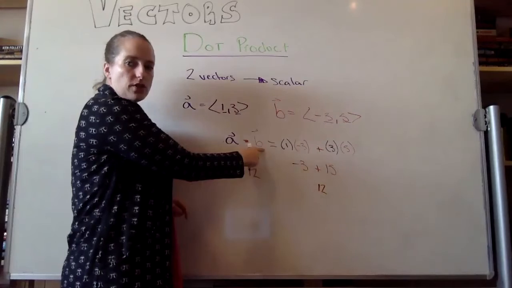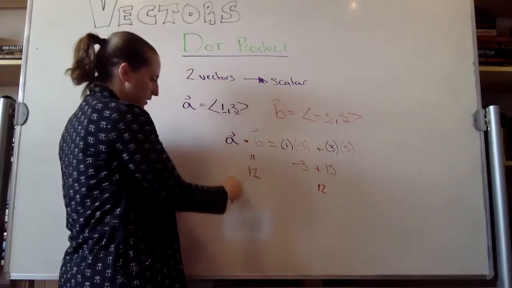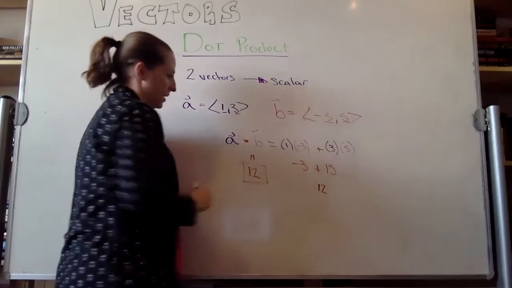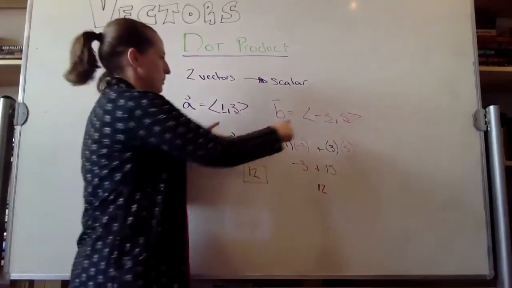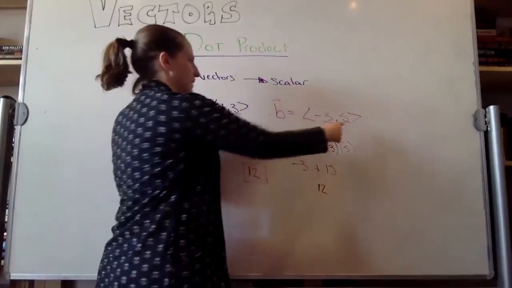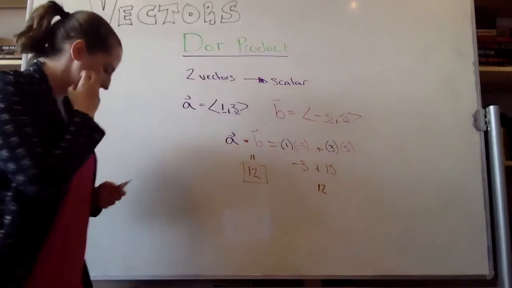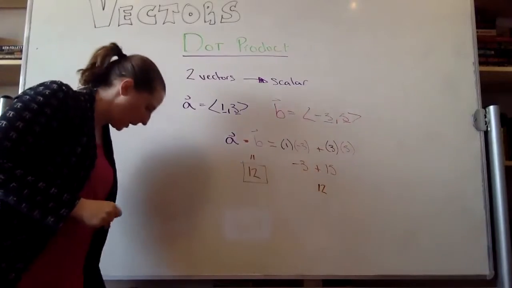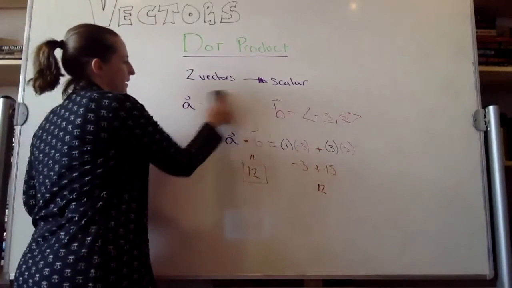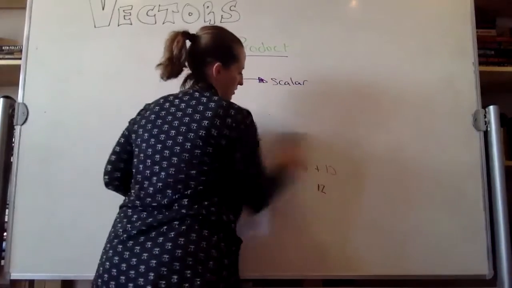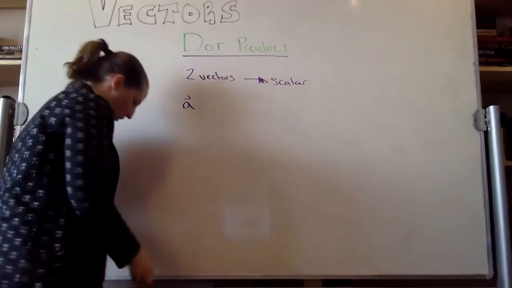Notice that I took 2 vectors and my output is just a scalar, just a number. Okay? So pretty straightforward to calculate. You multiply horizontal components and add that to the multiplication of vertical components. Okay? So again, let's just do a couple more examples. So this is dot product when we have our vectors in horizontal and vertical components.